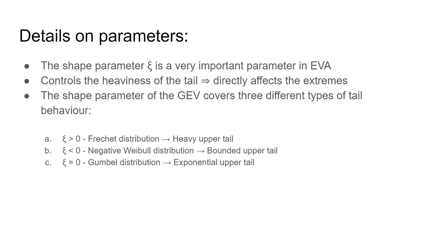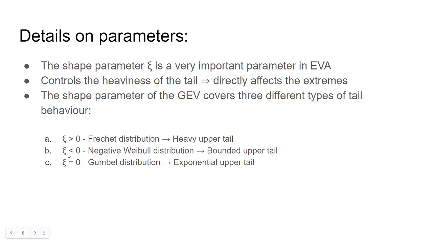Talking about these parameters, the shape parameter epsilon is a very important parameter, as I said earlier, and it controls the heaviness of the tail. It directly affects the extremes. If epsilon is greater than 0, it has a very heavy upper tail and corresponds to the Fréchet distribution.